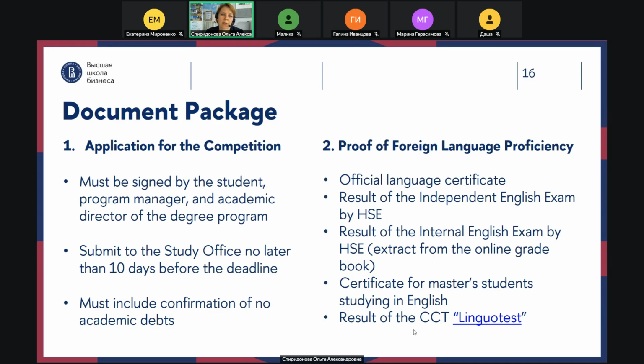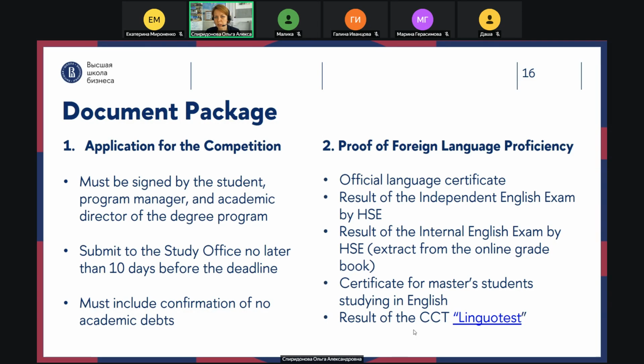Also, please, if you apply for this competition, it would be very good if you could bring this application for the competition at least 10 days before the deadline to our study manager, because sometimes they need time to check everything, and it just takes a lot of time.